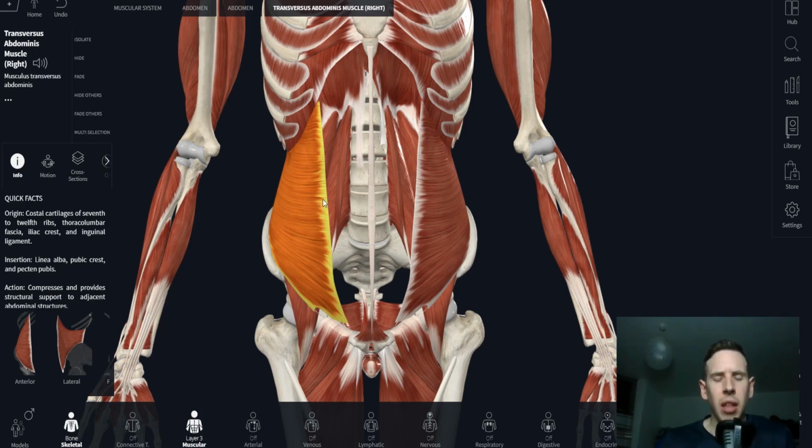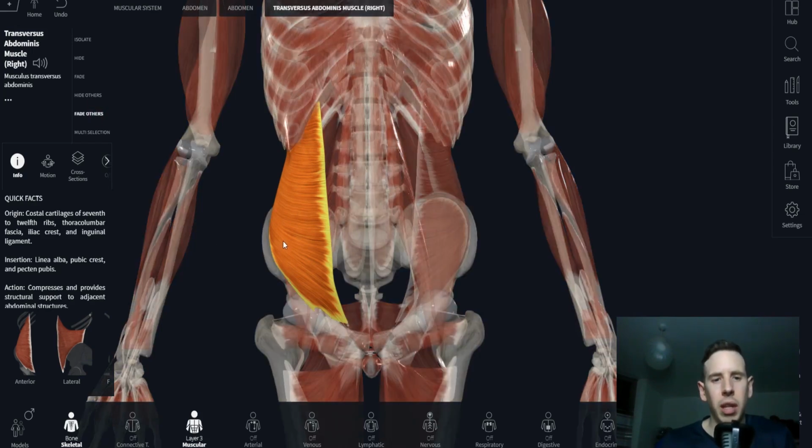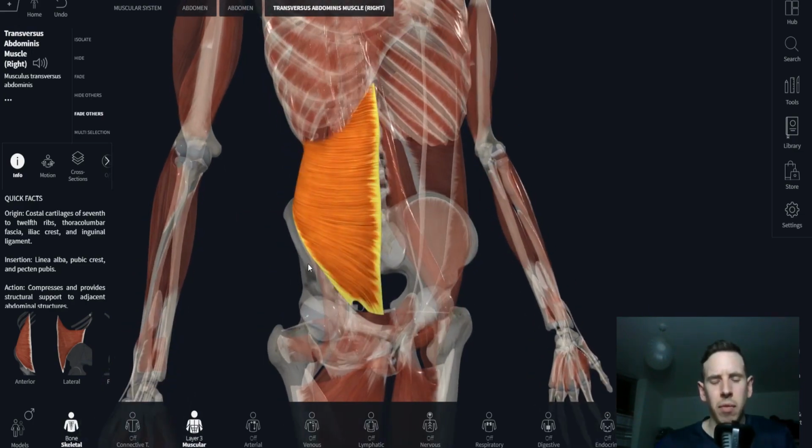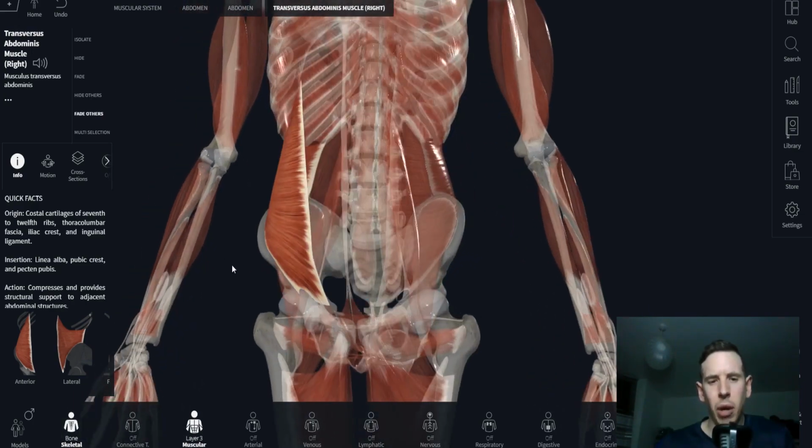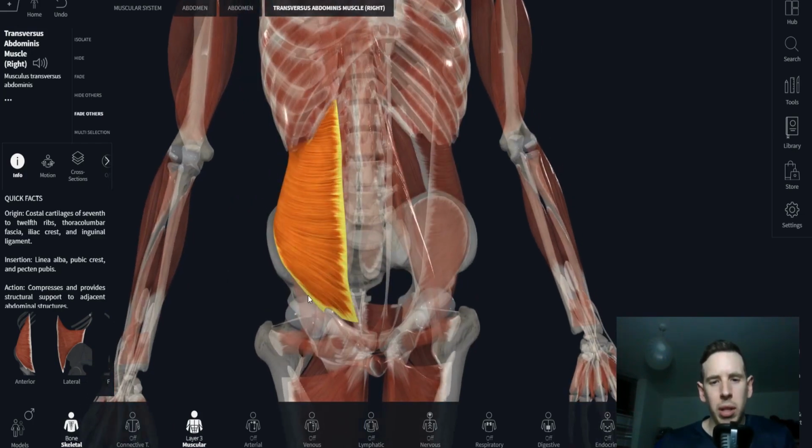As far as its origins, it's coming off the anterior aspect of the pelvis, the innominate, and the inguinal ligament, which is just this ligament crossing through here.